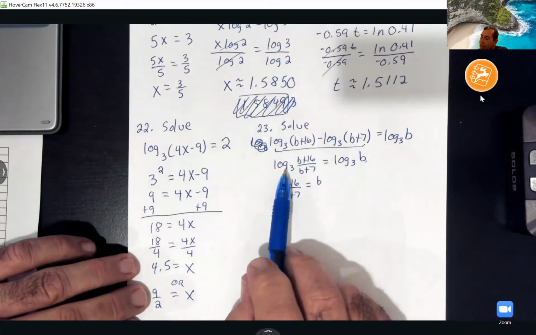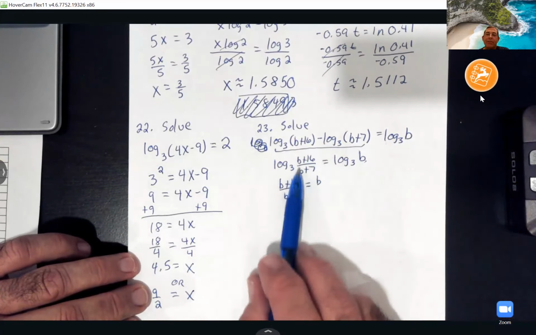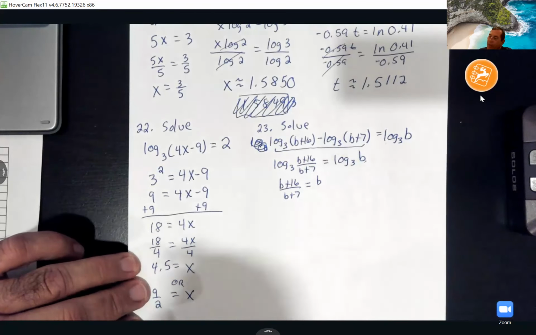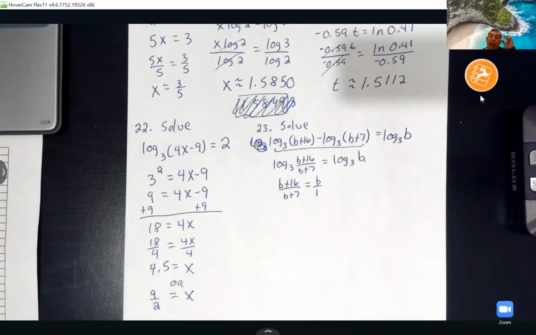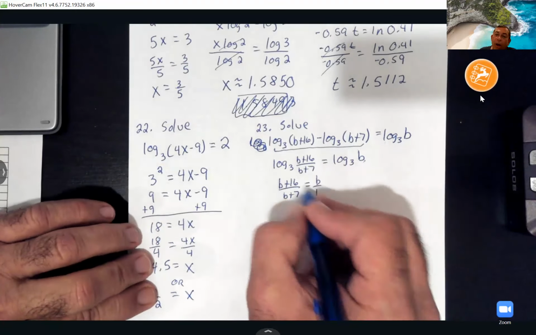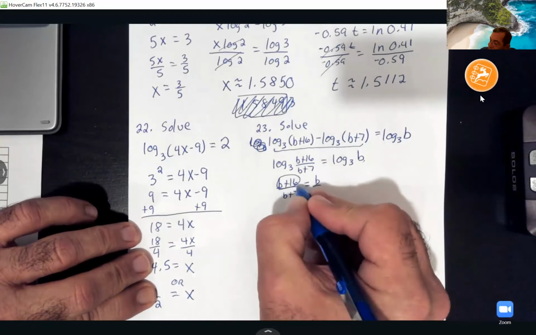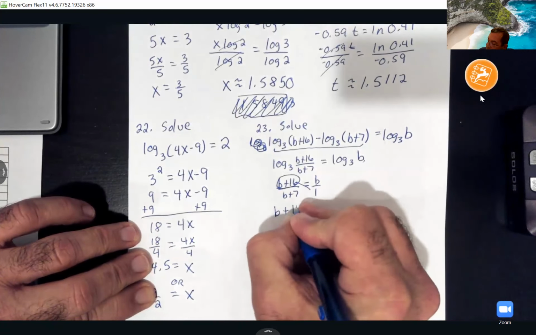That was another property we looked at. When the log bases match, this result equals this result. So to do this problem, I'm going to put a 1 under the b to make it look like a fraction. And I'm going to cross multiply this. So take this b plus 16 times 1. That'll give me a b plus 16.